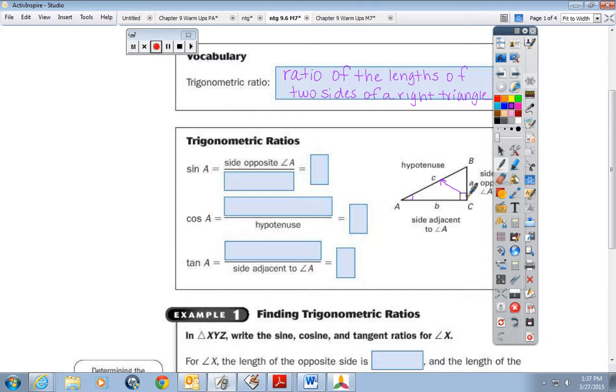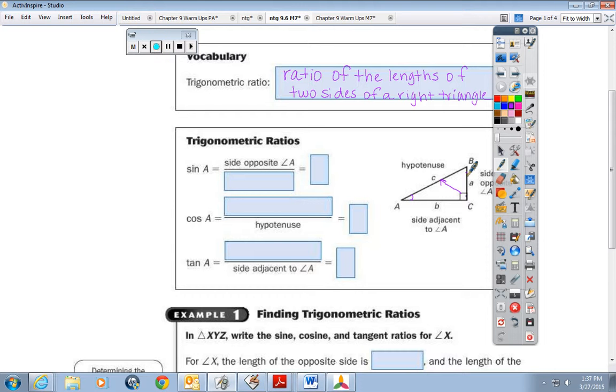Then we have the side lengths, in lowercase letters. So this means the length of this side, the length of this side, and c is the length of the hypotenuse. But we don't have them yet, and we're not going to get those. We're just going over the formula right now. We don't know what the angle measures are necessarily, except that we know that's a 90-degree angle.